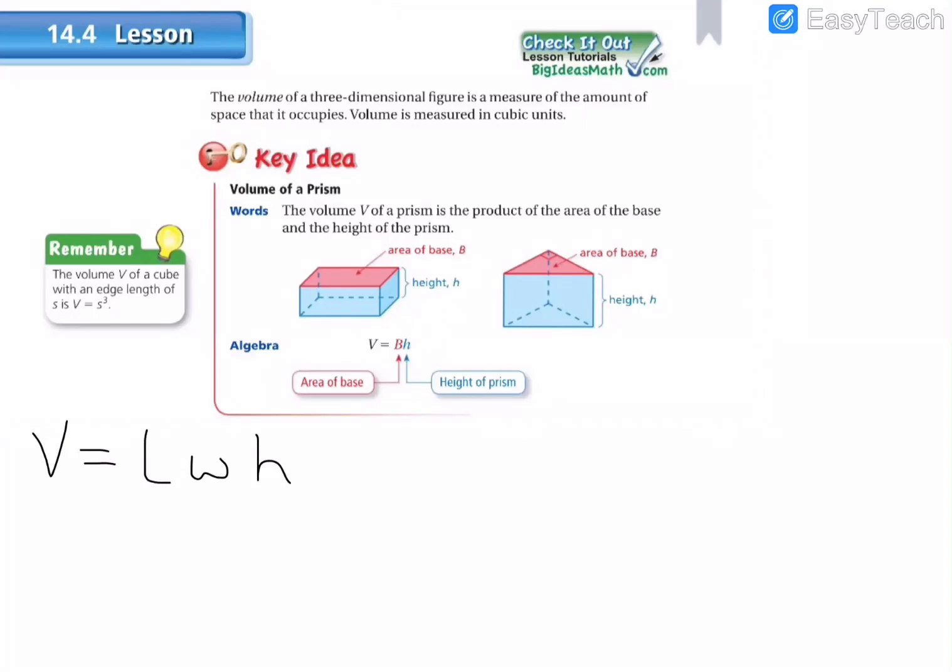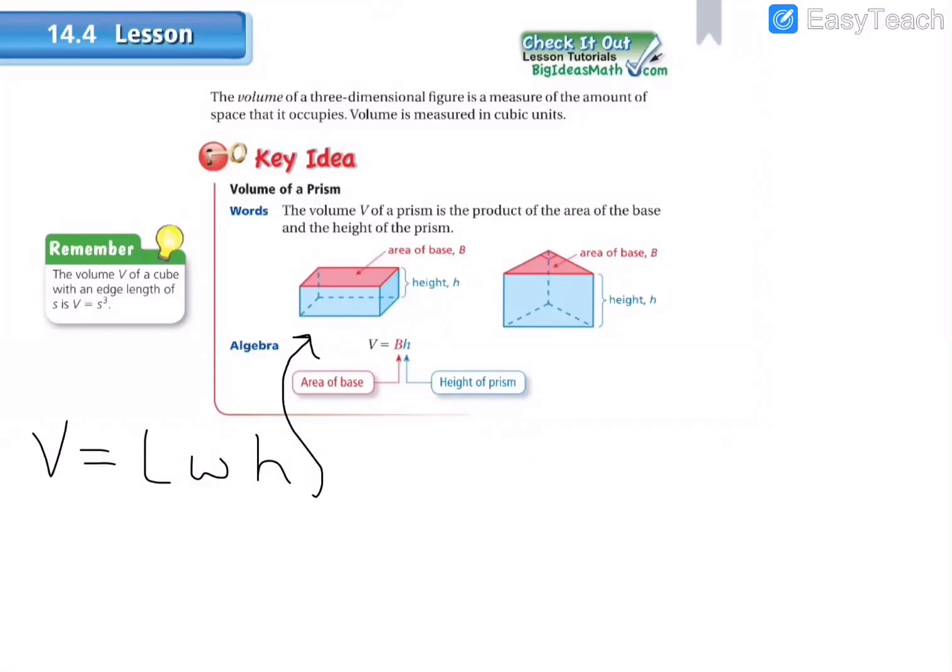So how would you find the area of a square or the area of a rectangle? That would be length times width. That is your area of your base. And then you multiply that by your height. And that is how you get the length times width times height formula. It's the same exact thing for a rectangular prism.